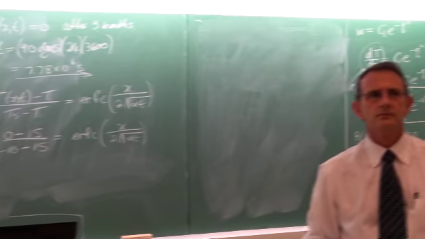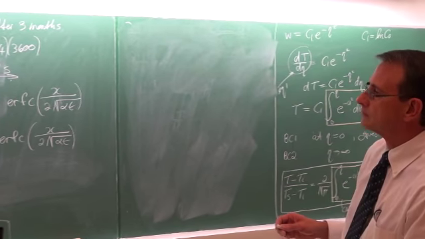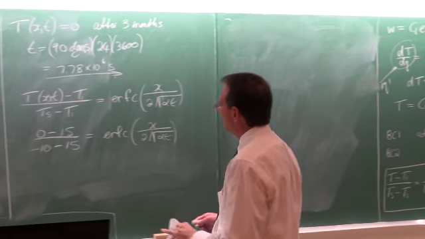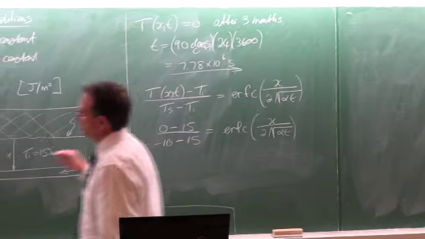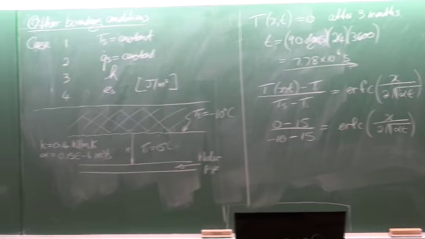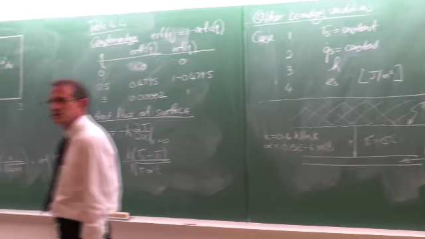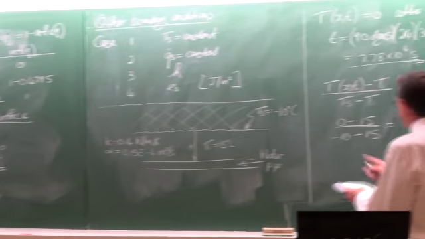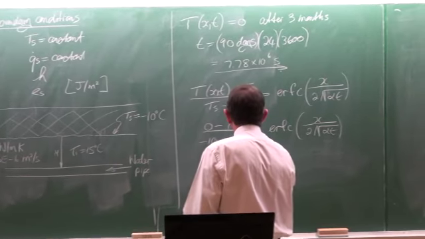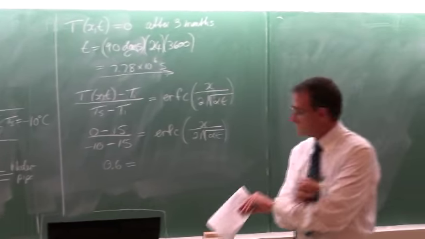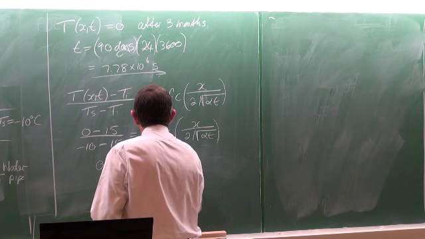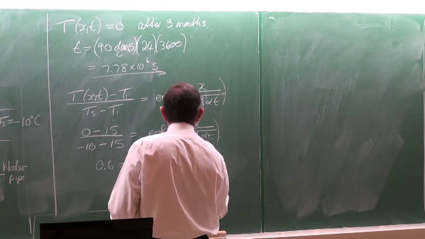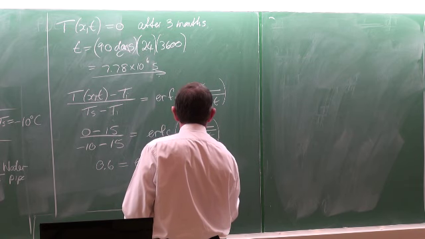That is exactly the same as what we've got on the bottom left over there, except that's the error function of the complementary, but it's still Ts minus Ti. Yeah. Just go and check. Maybe I've made an error here with the Ts's and the Ti's. Okay, so this is equal to 0.6. 0.6 is equal to the complementary error function of x divided by 2 times the square root of alpha t.